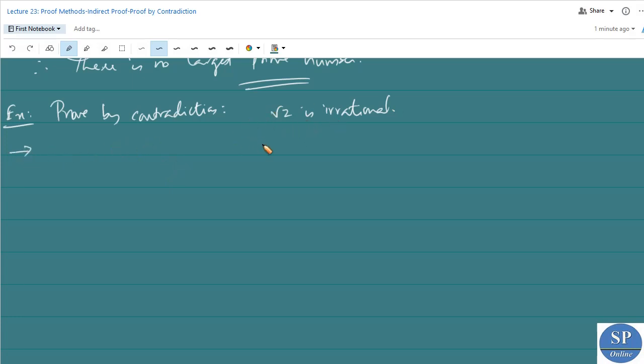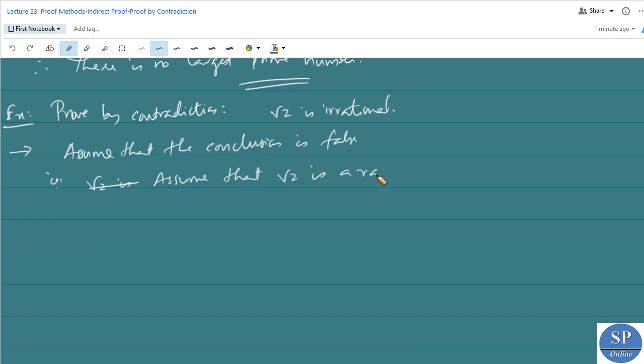To prove this by contradiction, we can assume that the conclusion is false. That is, assume that root 2 is a rational number.